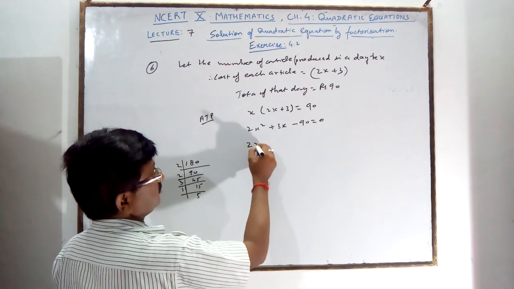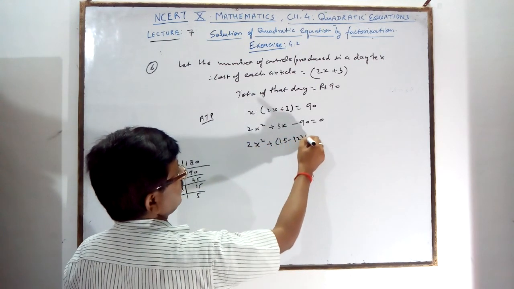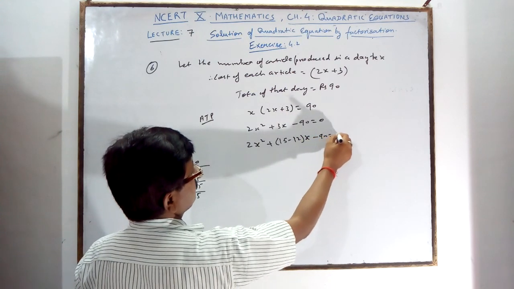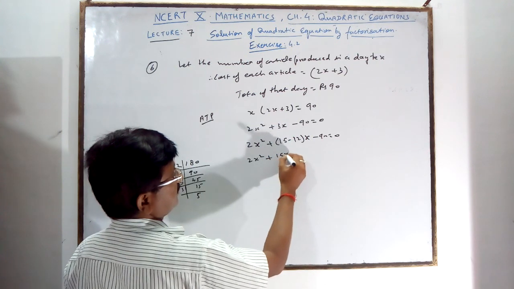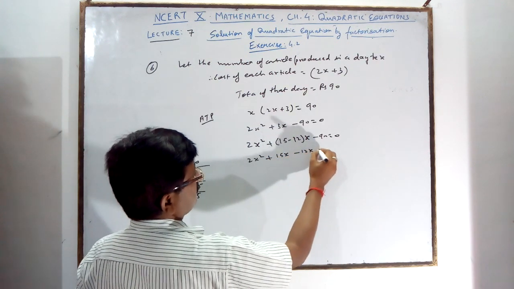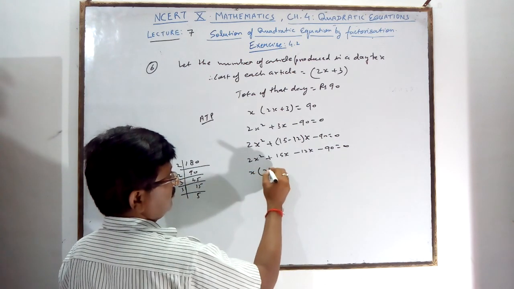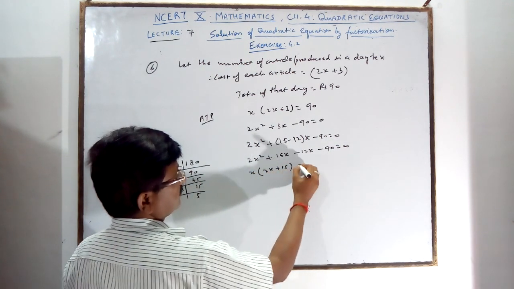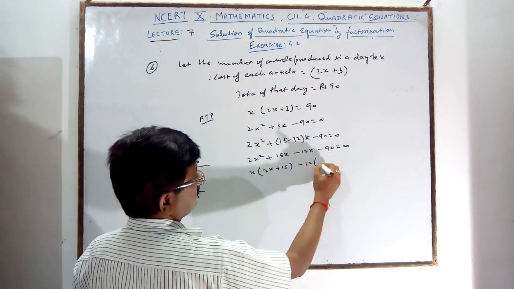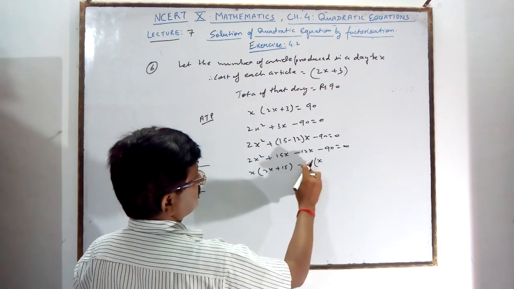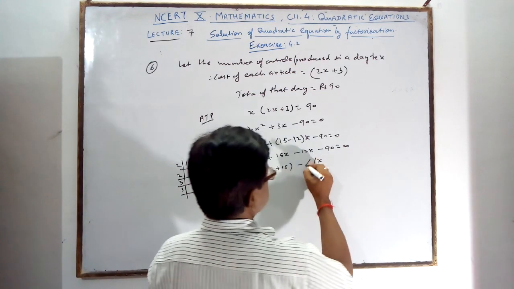So you will get 2x square plus 15x minus 12x minus 90 is equal to 0. x is common, 2x plus 15, minus 6 is common.